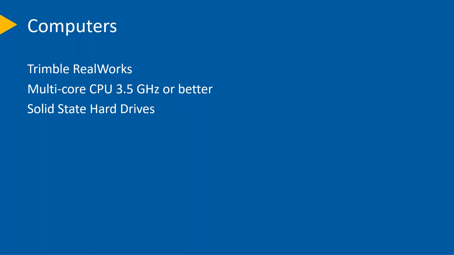You can even do better to get two identical solid state hard drives and put them in a RAID 0 configuration to get even faster processing. Now this works for RealWorks certainly. I'm sure it would work for almost any other scanning software. Works great for Trimble Business Center as well.